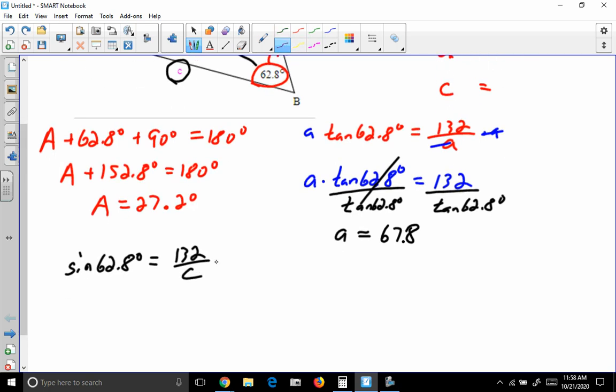And like we did on the previous one, we could multiply both sides to get rid of our fraction, and then divide to get C by itself.